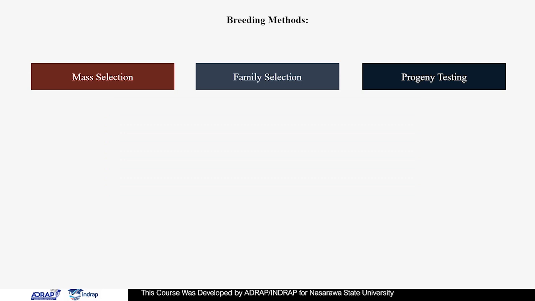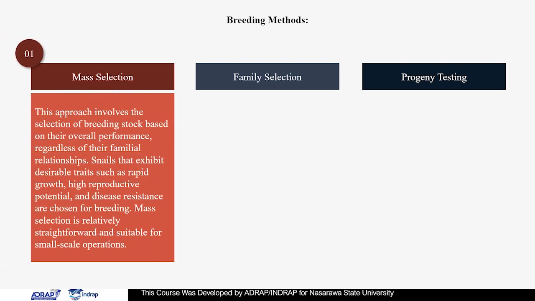Breeding method: mass selection. This approach involves the selection of breeding stock based on their overall performance, regardless of their familial relationship. Snails that exhibit desirable traits such as rapid growth, high reproductive potential, and disease resistance are chosen for breeding. Mass selection is relatively straightforward and suitable for small-scale operations.